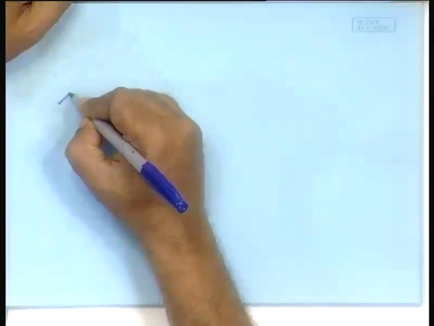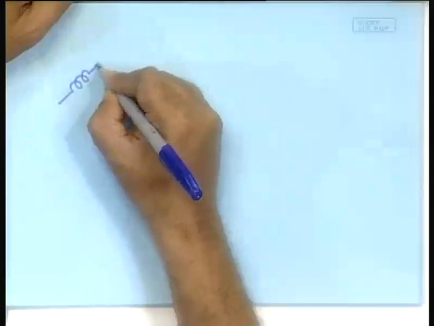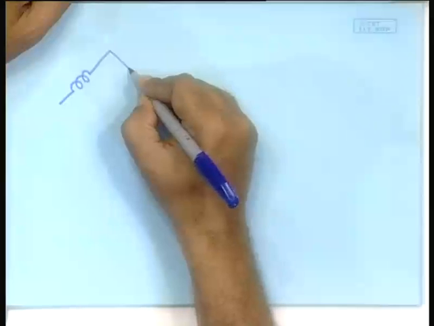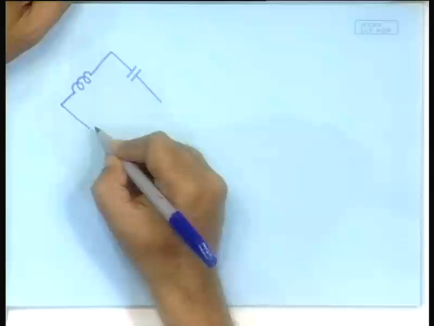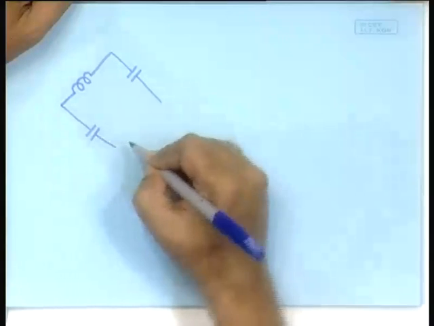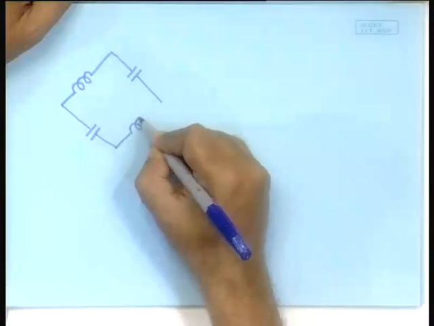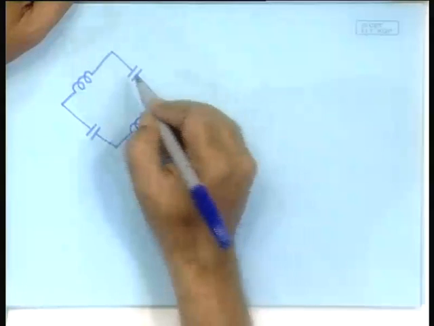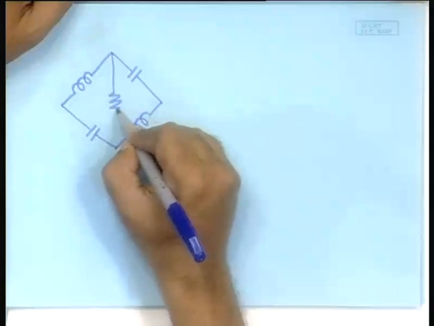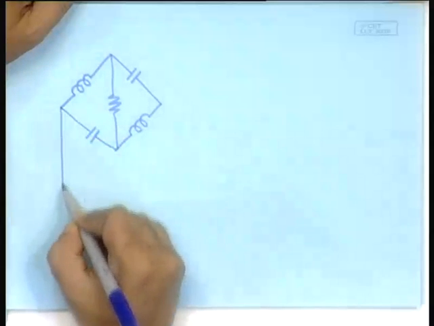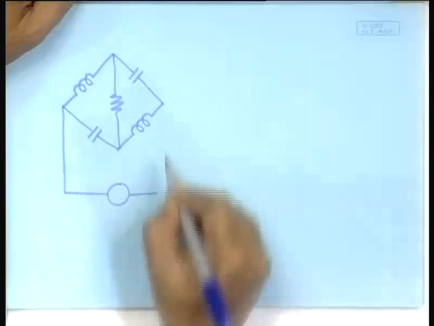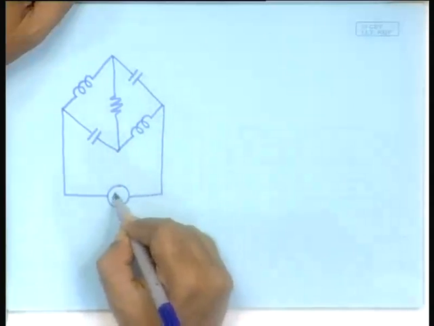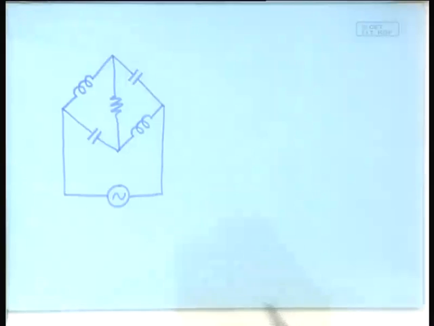For example, take this circuit. So, this is a source of effort.